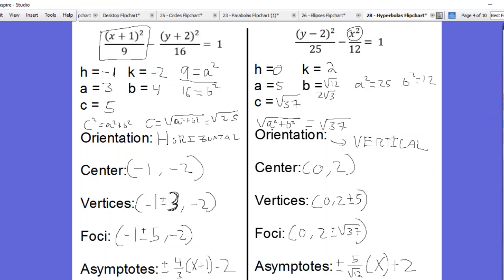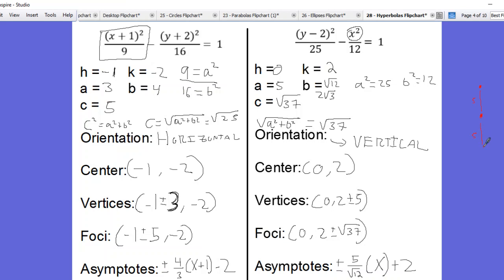So if you really want to work at drawing the hyperbola, you have your center. So here our center is 0, 2. Our x value is 0, our y value is 2. So imagine that point is 0, 2. Then our a value is 5. That's vertical, so we move 5 up and 5 down.